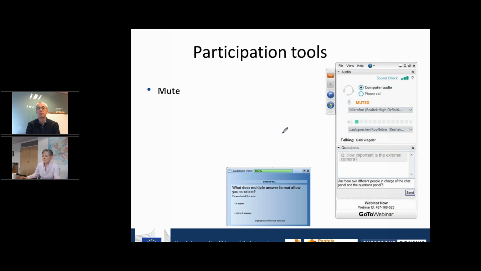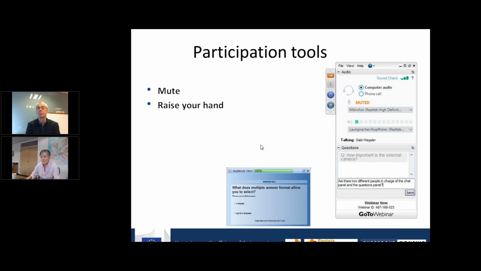The next thing is the raise your hand function, which you should see on the right side of your screen, and that allows you to do two things.